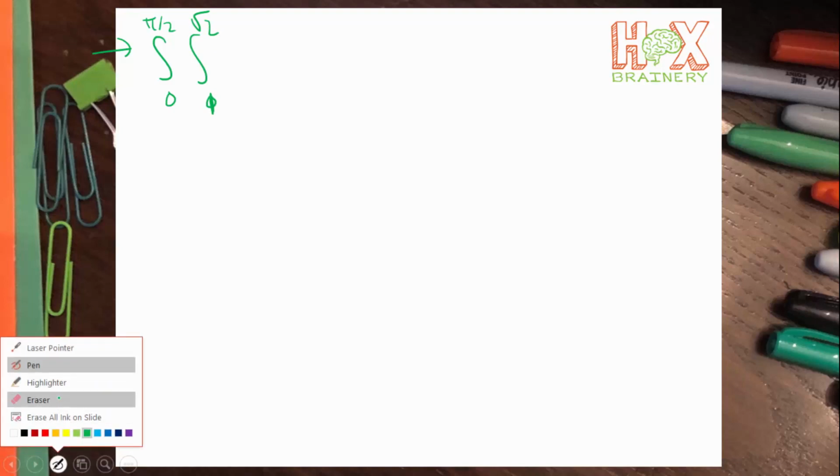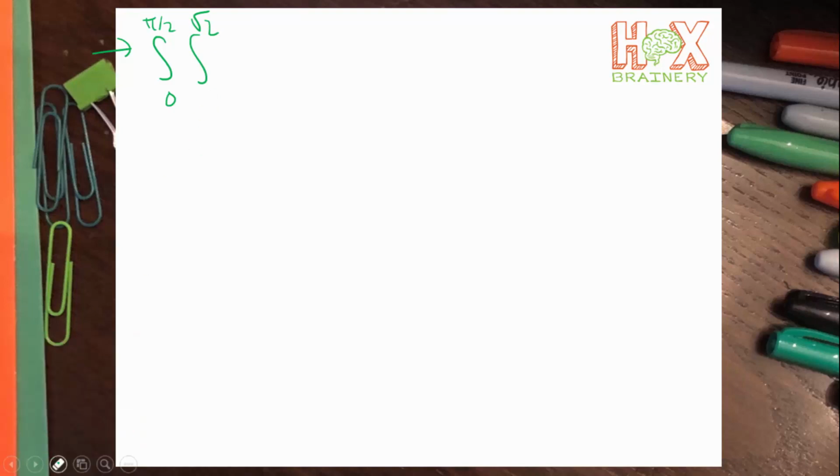So we're going from 0 to pi over 2, and r from 1 to square root 2. This is equal to the integral from 0 to pi over 2 of that integral.